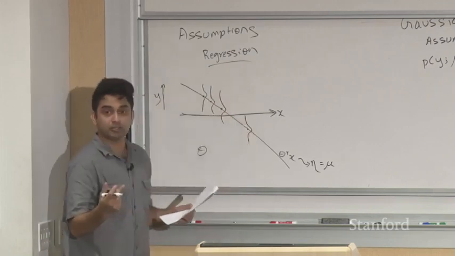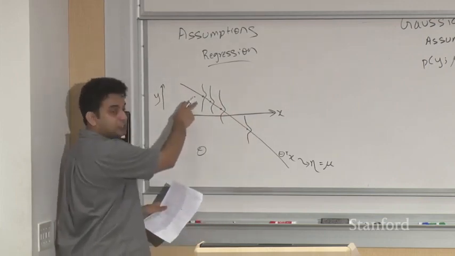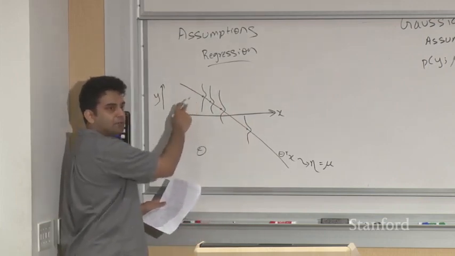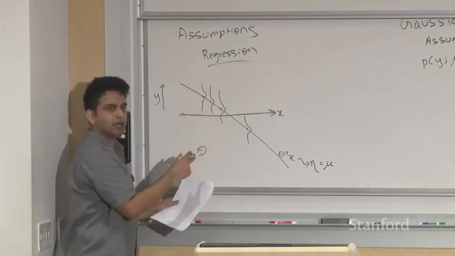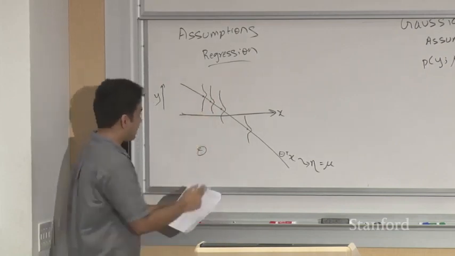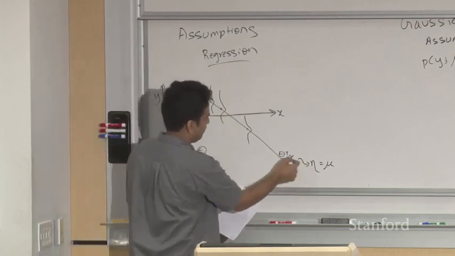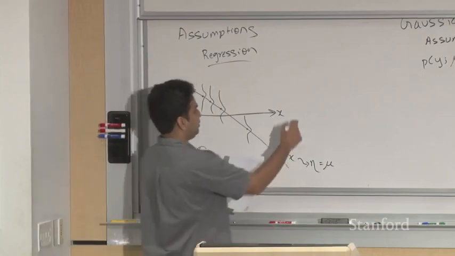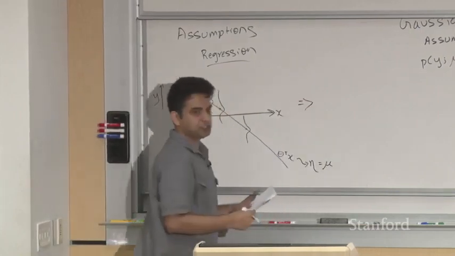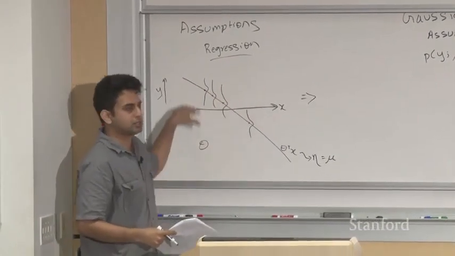We assume a variance of 1. So this is like a Gaussian with variance equal to 1. So for every possible x, there is a y given x, which is parameterized by theta transpose x as the mean. And you assume that your data is generated from this process.